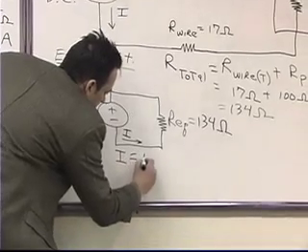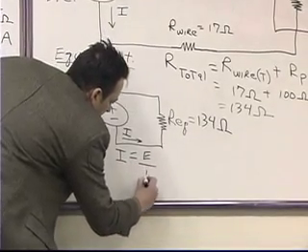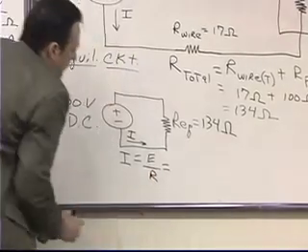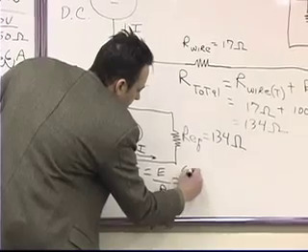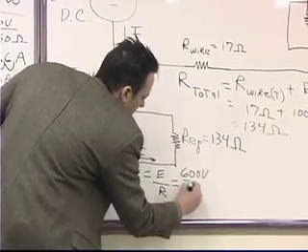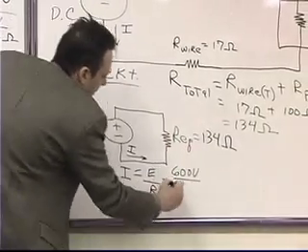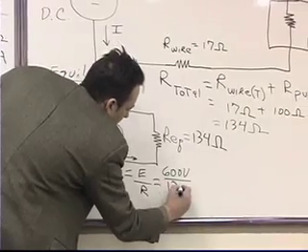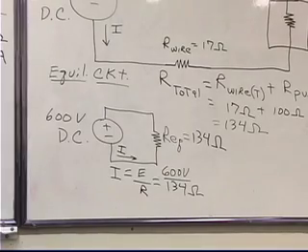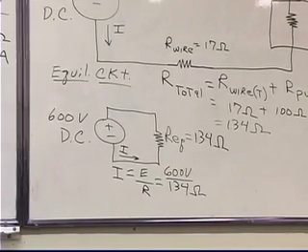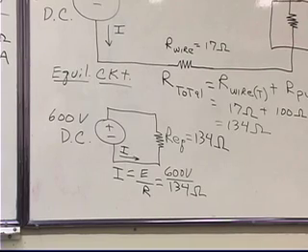Current is equal to voltage divided by resistance. The voltage would be 600 volts. The resistance would be 134 ohms. What do you get when you take 600 and divide it by 134?